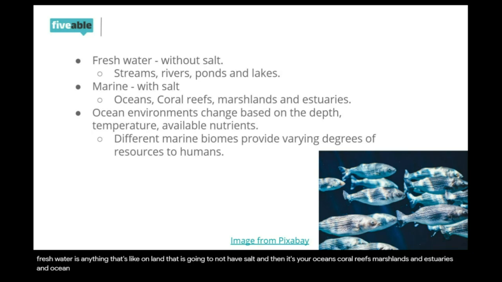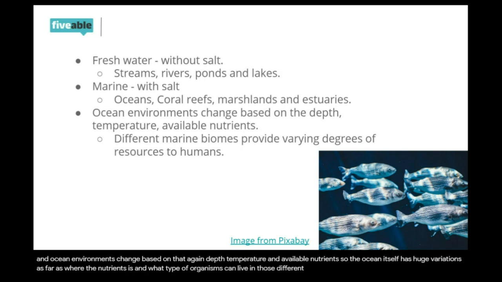And ocean environments change based on, again, depth, temperature, and available nutrients. So the ocean itself has huge variations as far as where the nutrients are, and what type of organisms can live in those different areas.